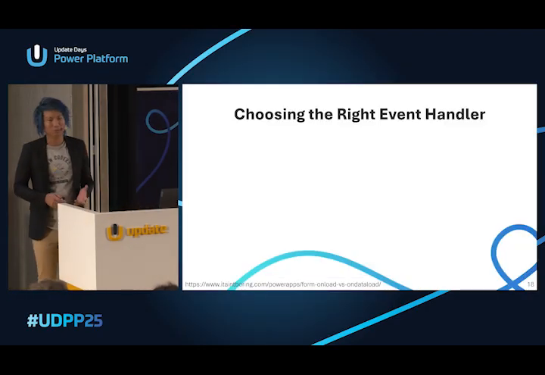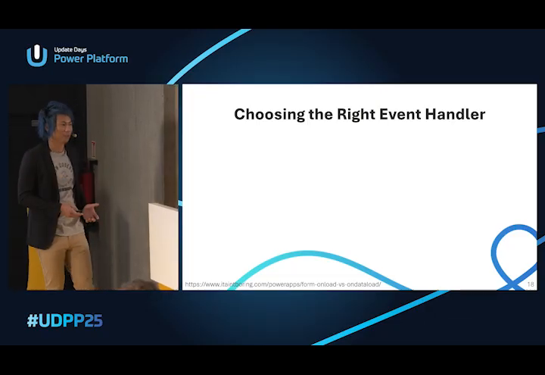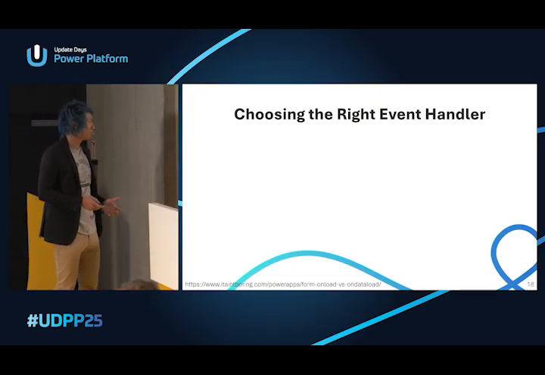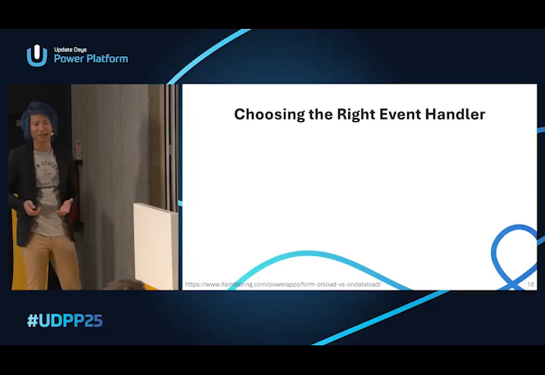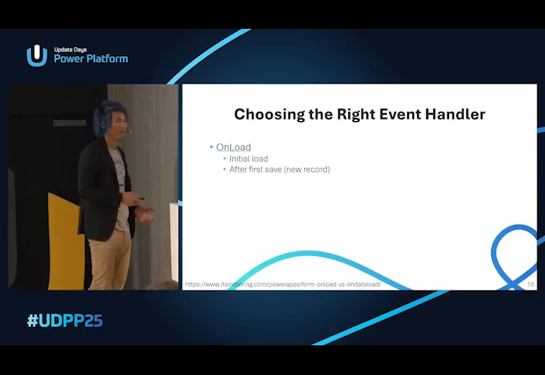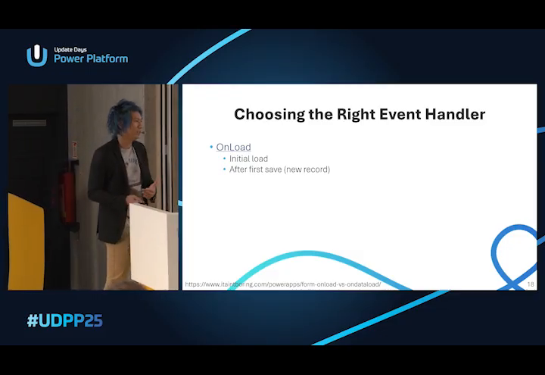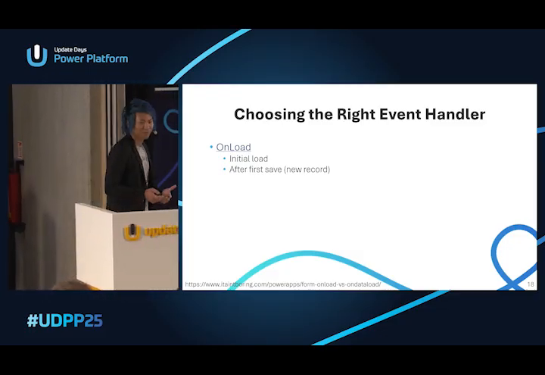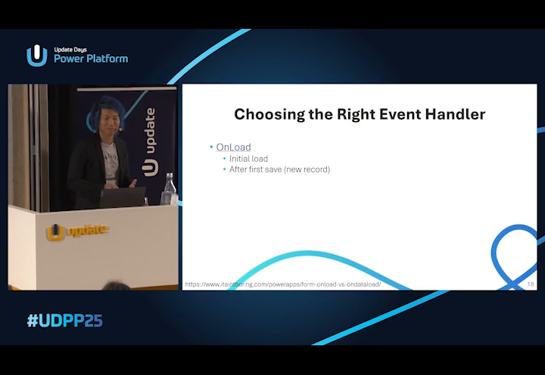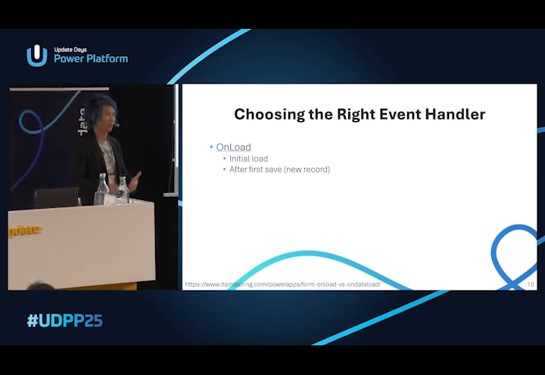Choosing the right event handler is important, especially now. Previously we just had onload and on save, right? Life was simpler. But now we have onload, on data loaded, and even for save we have on save and on post save.